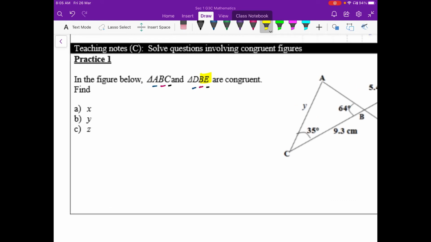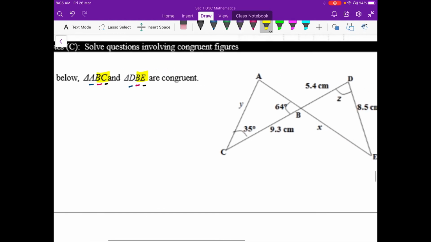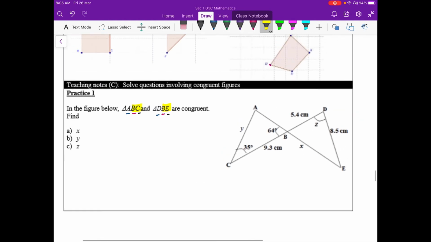Then I look for the corresponding side. Corresponding must be BC. Then I go back to my diagram and see whether BC is given to me. Oh yes, it is given to me. So simple, quite straightforward in this particular case. X will be equal to BC, which is 9.3 cm.